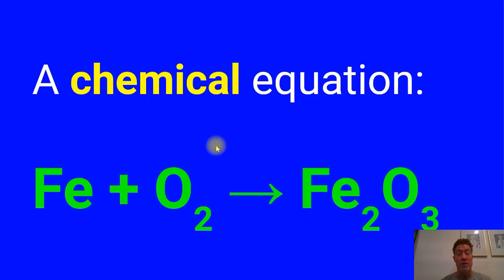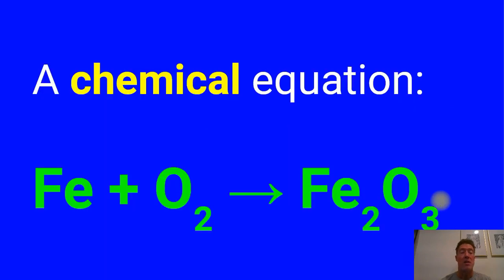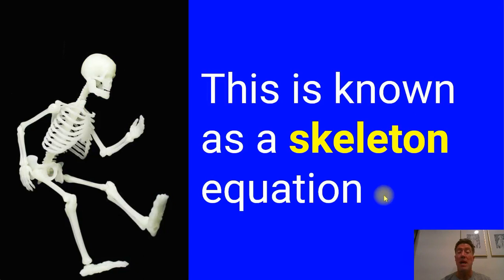A chemical equation for the same thing would be Fe plus O2 yields Fe2O3. Now this last equation is known as a skeleton equation. You'll notice here that there's 1 iron on this side, but there's 2 iron in our product. We start with 2 oxygen here, we end up with 3 here. So this is obviously not balanced, but it's okay.